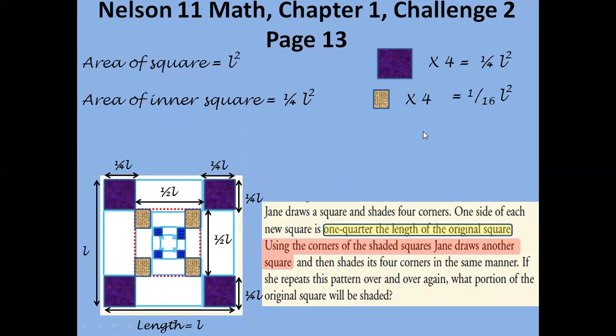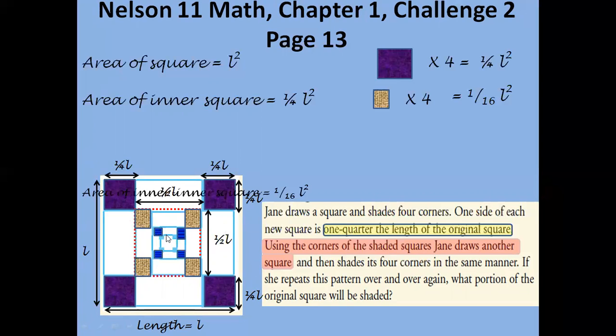Using the same pattern, we can see the next inner square, inside the third inner square, and we have 4 shaded portions for this inner square as well. This will also follow the same pattern.